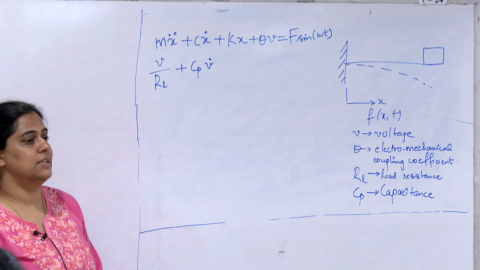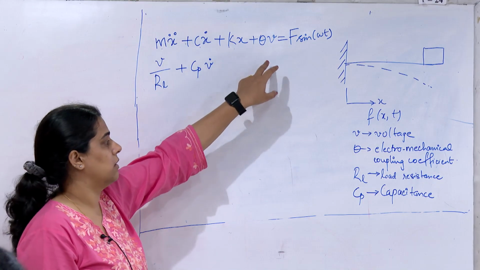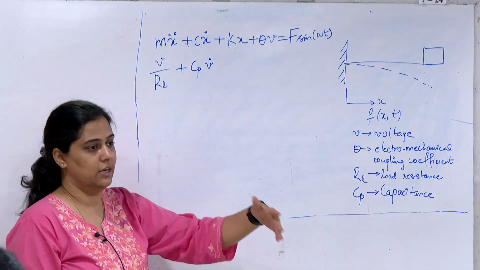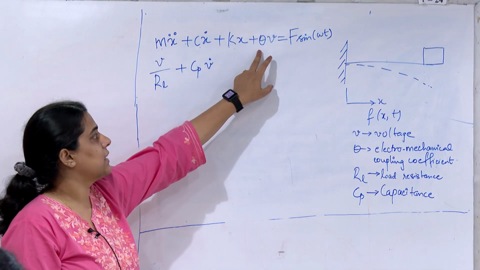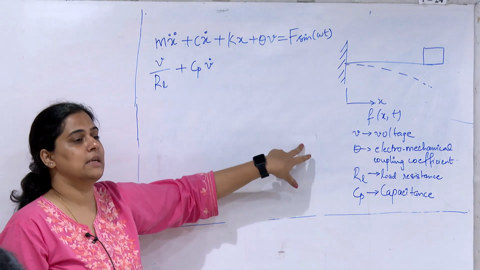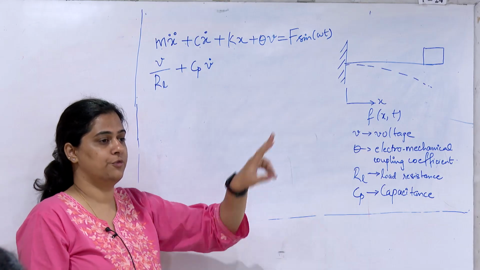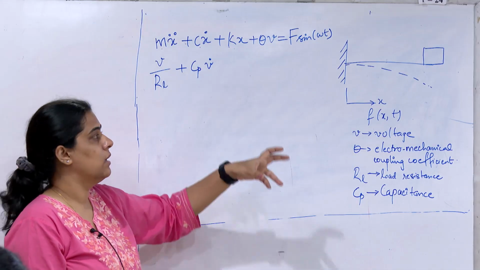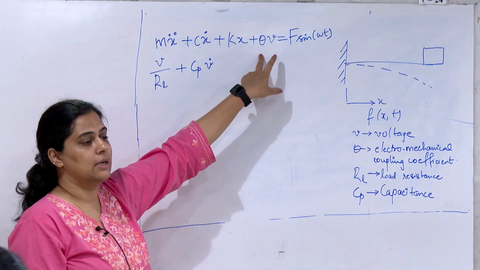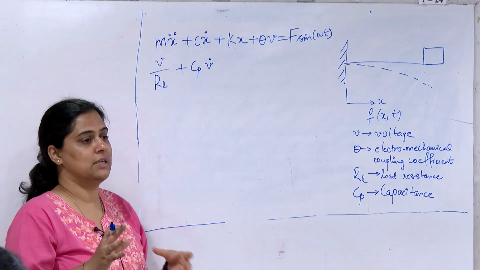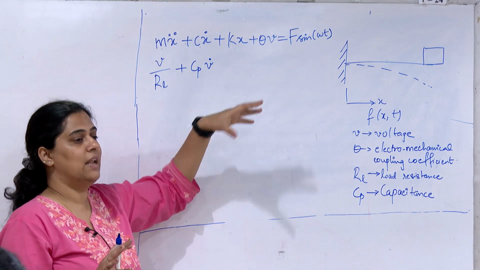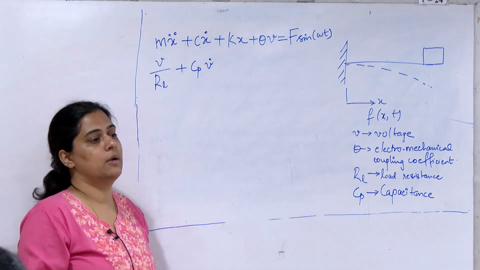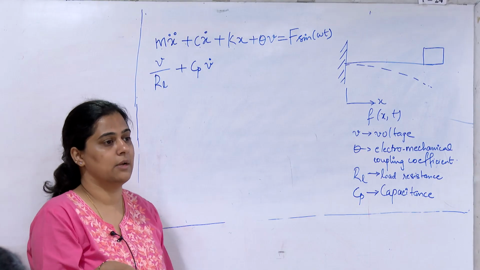Right now we do not have the time to dig deeper into the derivations, but this theta depends on the electromechanical properties of your piezoelectric patch, whatever piezoelectric material you are using. It depends on the electromechanical coupling, because piezoelectric is a transducer, right. It also depends on the geometric parameters of your piezoelectric material.